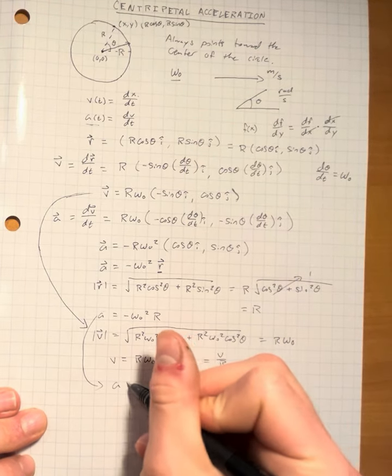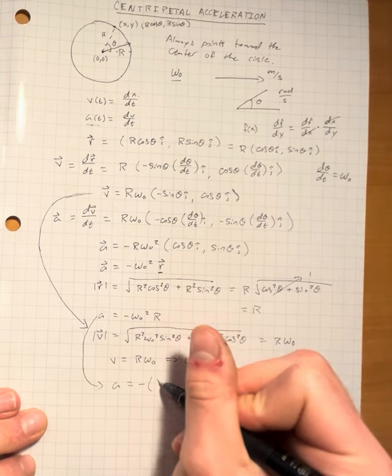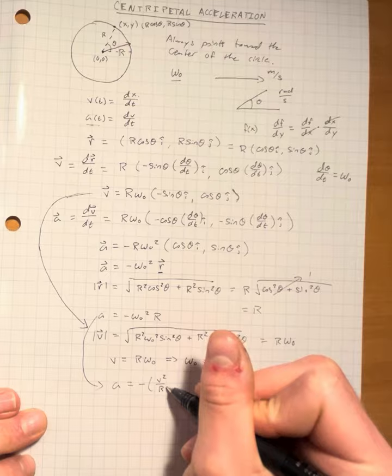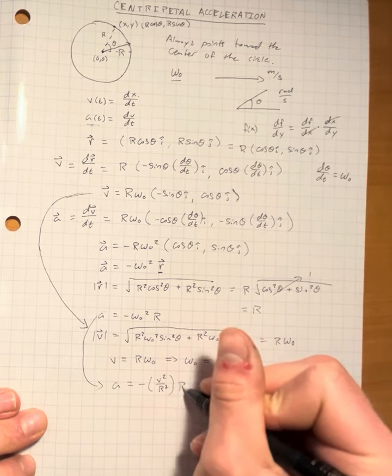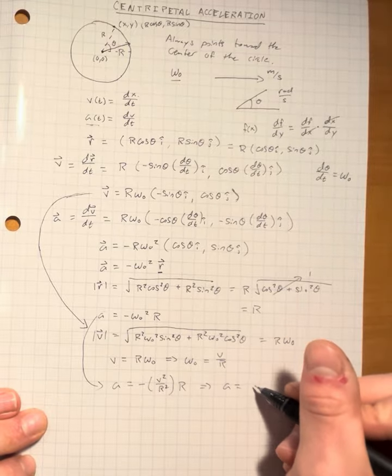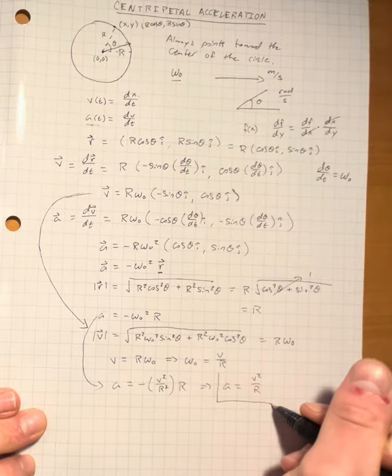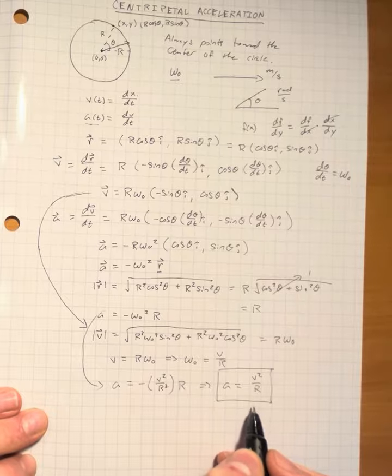A is equal to negative omega naught squared, which is v squared over r squared, times r. Or a is equal to v squared over r. This is your centripetal acceleration equation. This is what you need to remember.